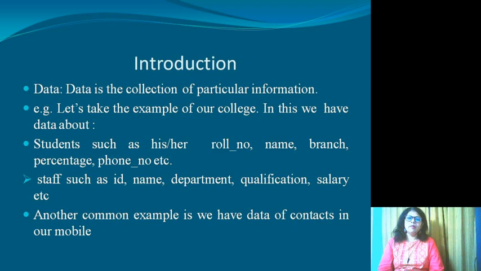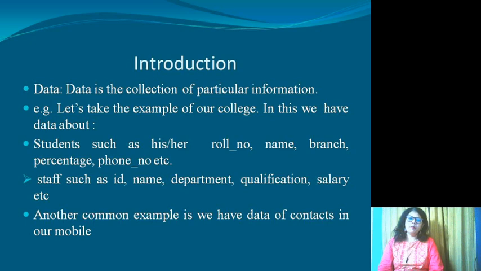Another example is staff, that is, we have teaching staff and non-teaching staff. They will have different IDs, name, department, qualification, salary, etc. So this is the data about that particular staff. A very common example is that we are using mobile, isn't it?